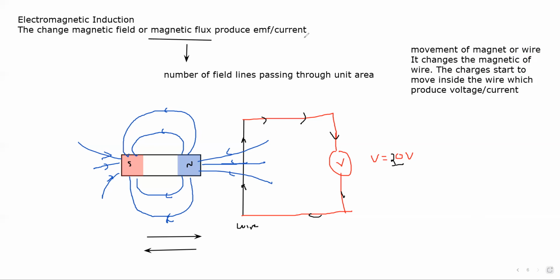So for example, if I have a wire, and I have a magnet, the two poles of the magnet, north and south, and this wire is stationary at rest, and the magnet is also stationary.